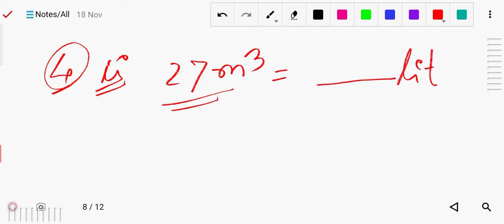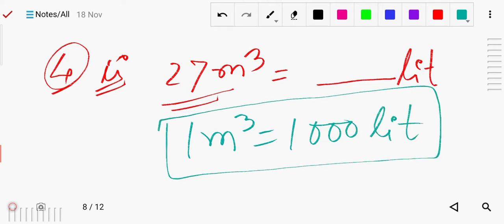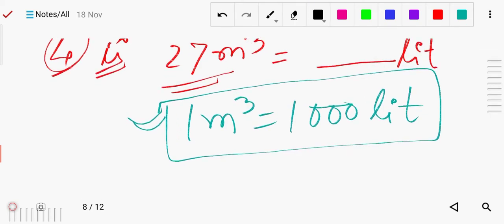We know the relation: 1 cubic meter equals 1000 liters. So now we can solve. Simply, in 1 cubic meter there are 1000 liters, so for 27 we will multiply: 27 into 1000.